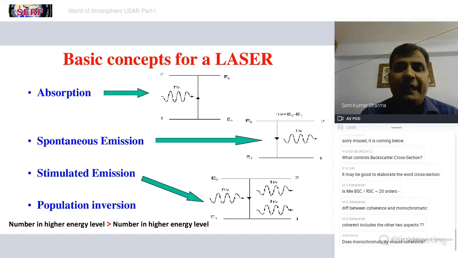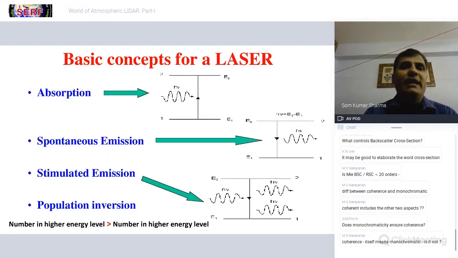Of course, the laser is again a world of its own, like LIDAR. In future I will come to you with the world of laser also. But here I will give the basic concept of laser: how it happens, how it is highly monochromatic, how it is highly directional, and how it is coherent.